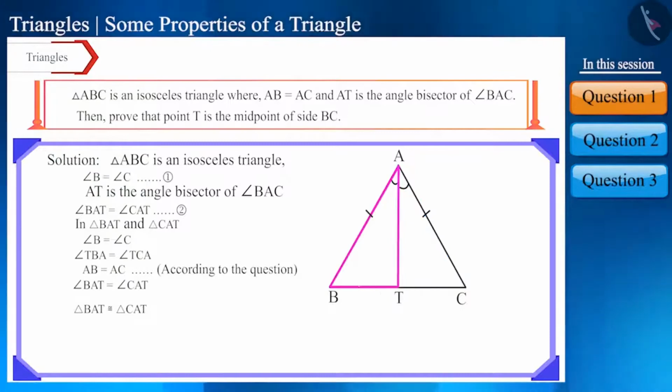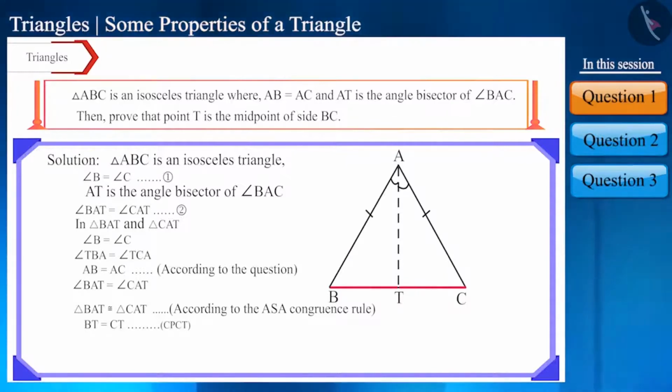Therefore, by the ASA rule, these two triangles are congruent. And we know that the corresponding parts of congruent triangles are equal. Therefore, side BT will be equal to side CT. So now, we can say that point T is the midpoint of side BC.